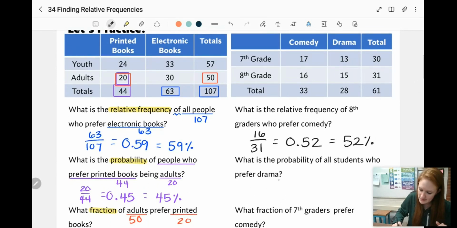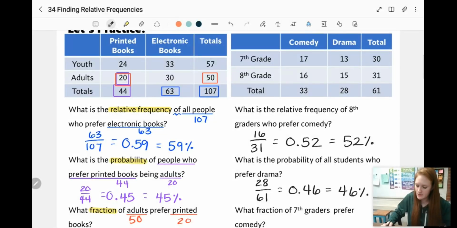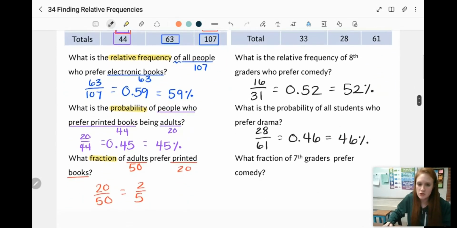There were 61 total students, and of all of the students, the 7th and 8th graders combined, 28 of them preferred drama. When I divide 28 by 61, I get 0.459, which means 46 is my decimal, or 46% of the students prefer drama.